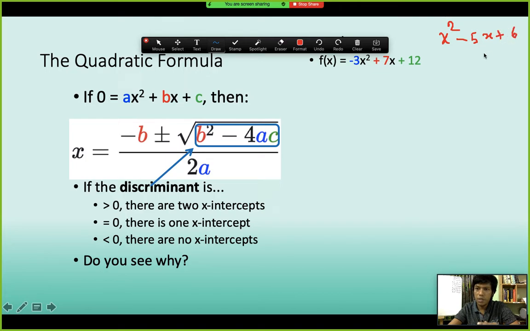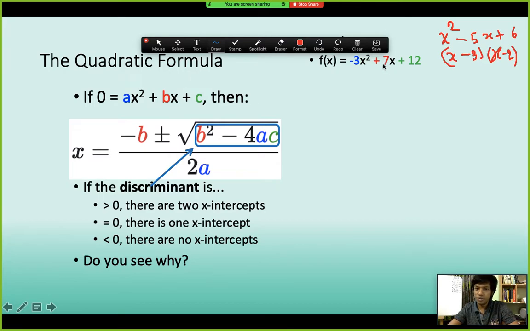So for this, our function is x minus 3 into x minus 2. We can do middle term factoring, so we can do the factoring this way. But for the other function, you will see that you cannot factor it.